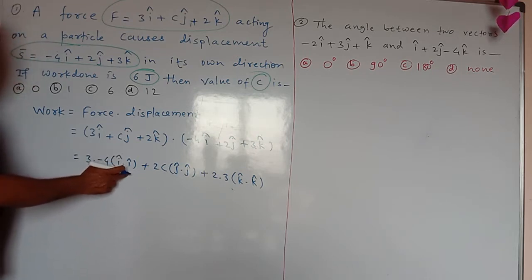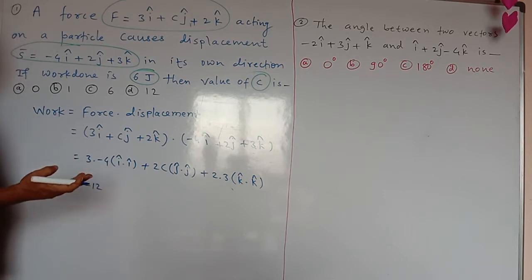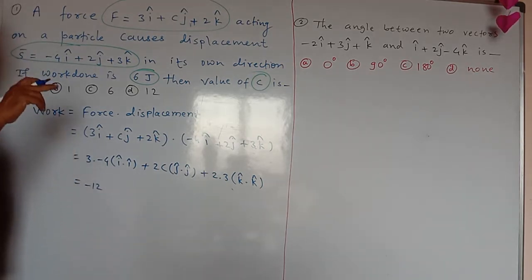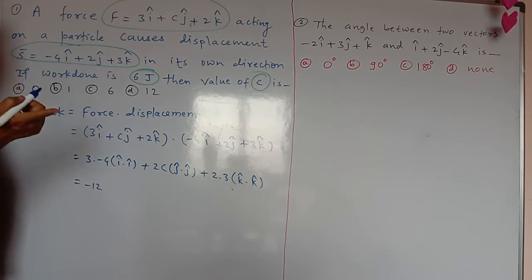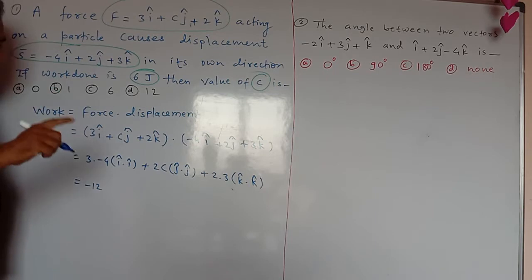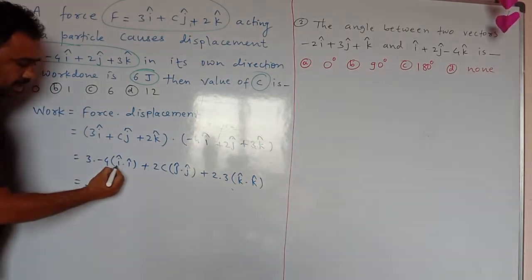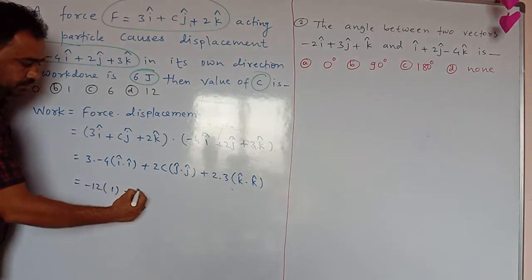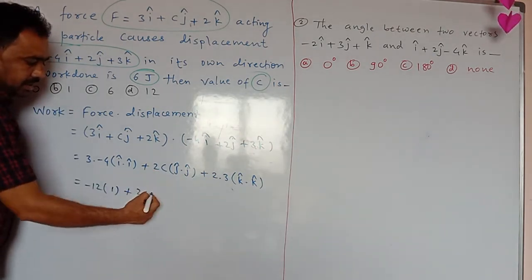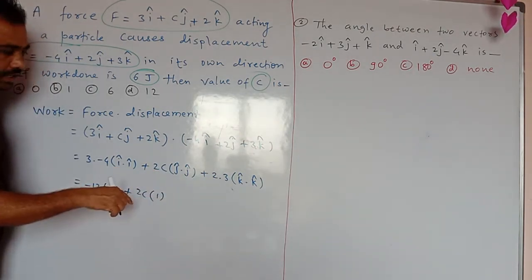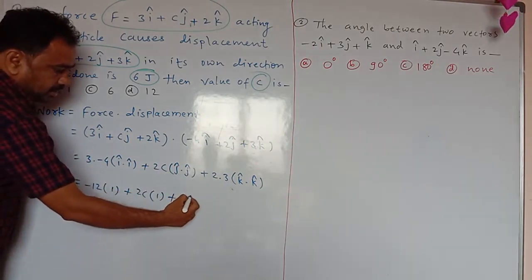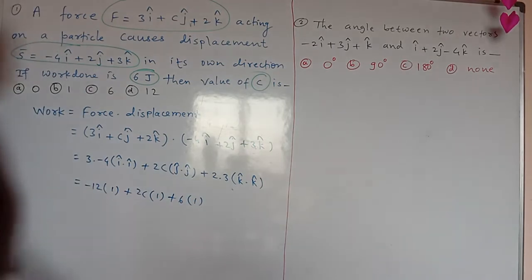We have already seen in the characteristics of the scalar product, or dot product, that whenever i cap dot i cap is there, the value is 1, and j cap dot j cap is 1. Similarly we can write i cap dot i cap as 1, plus 2c times j cap dot j cap as 1, then 2 into 3 is 6, plus 6 times k cap dot k cap, which is 1.